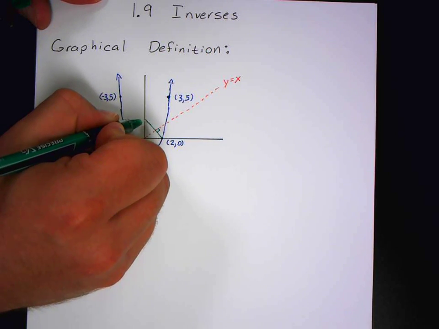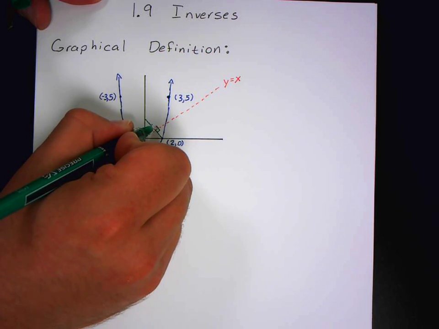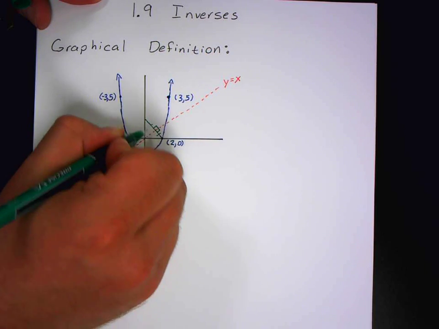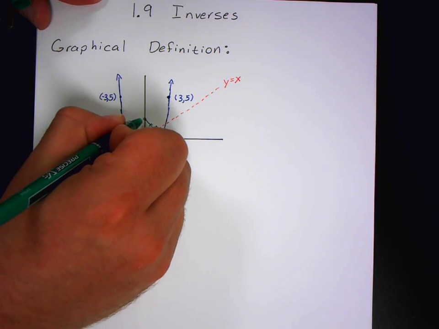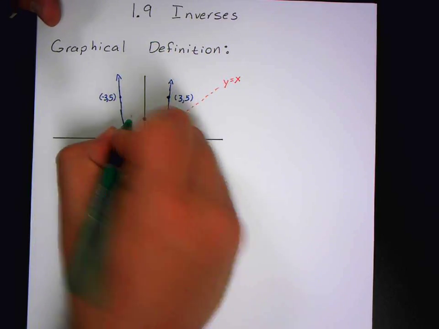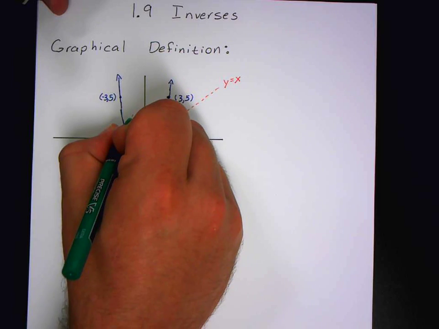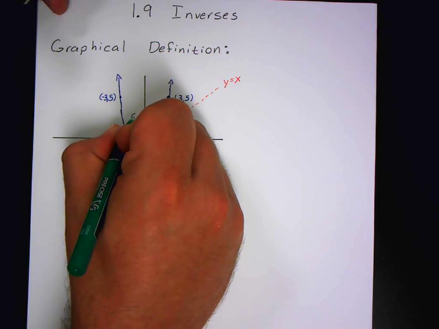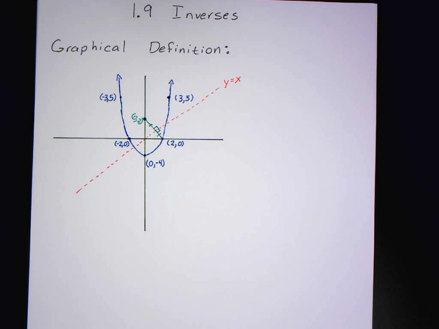My line is a little off, but this distance and this distance have to be equal. So my point would be right there, but it'd be at 0, 2.